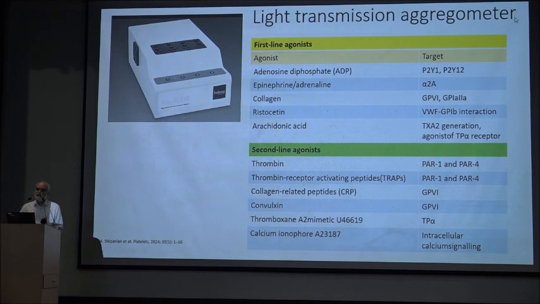Light transmission aggregometer has recently been procured at ILBS. So here basically first line agonists are there and then second line agonists. Usually these 4 agonists are generally used: ADP, epinephrine, collagen, and ristocetin. There are various targets, which measure various functions of the platelets.